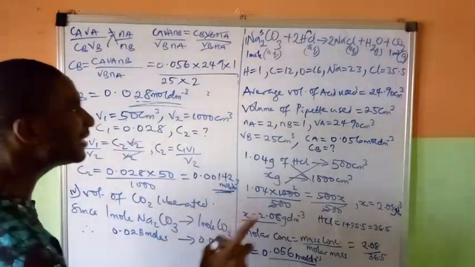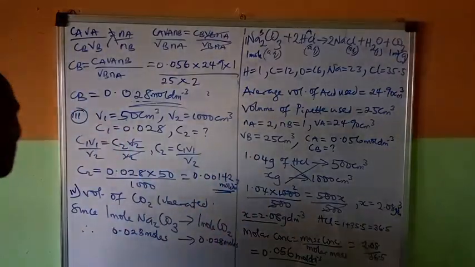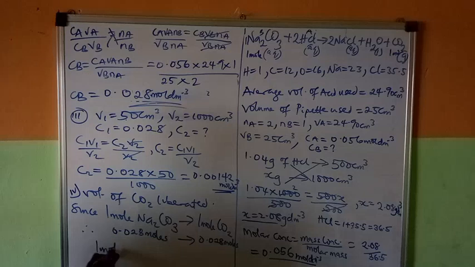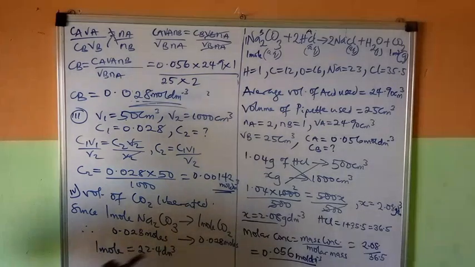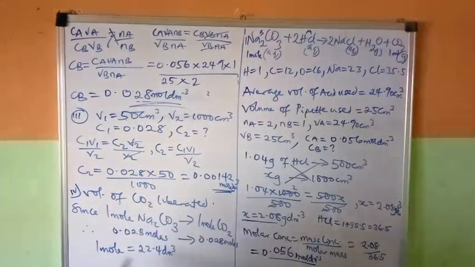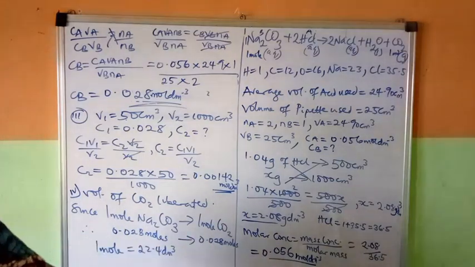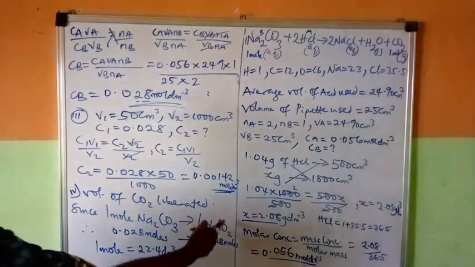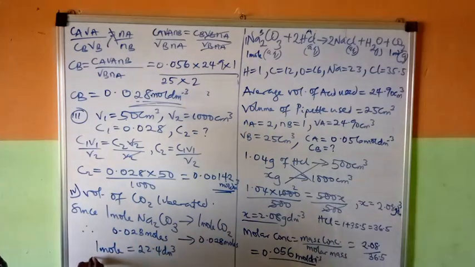But according to Avogadro's law, at STP, 1 mole of a gaseous substance has a volume of 22.4 dm³. So 1 mole of CO2 has 22.4 dm³. What will be the volume of 0.028 moles of this CO2? You just input your 0.028 mole here, and you equal x.